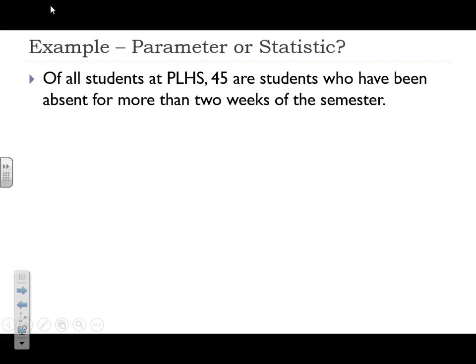What am I trying to measure? How many students have been absent for more than 2 weeks, right? So that's my parameter of interest. So if I look at the problem here, of all students at PLHS, 45 are students who have been absent for more than 2 weeks. So 45 is my calculated value. Did that come from the population, or did it come from a sample?